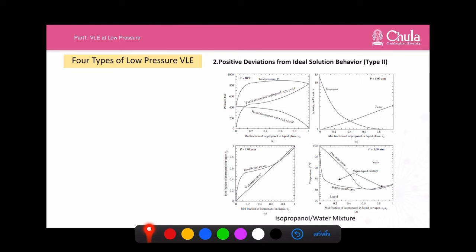So the system shows higher pressure because A and B are trying to be in the vapor phase instead of in the liquid phase.